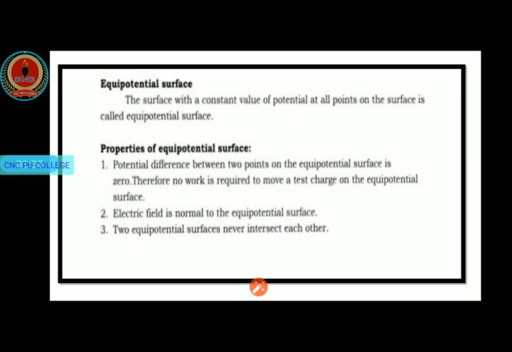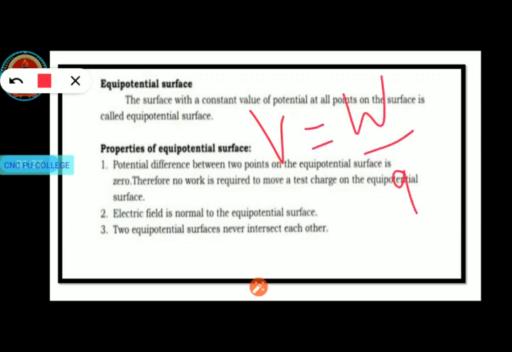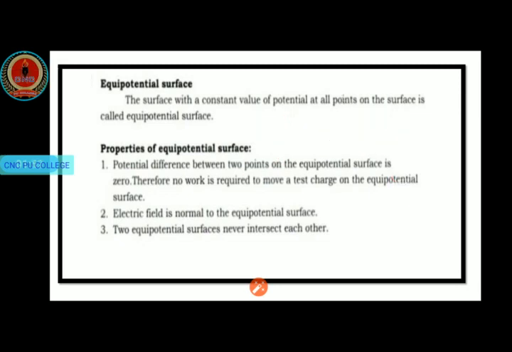As we know, V is equal to W by Q. If the potential difference is 0, then W is also 0. Work is not required to move a point charge on an equipotential surface.